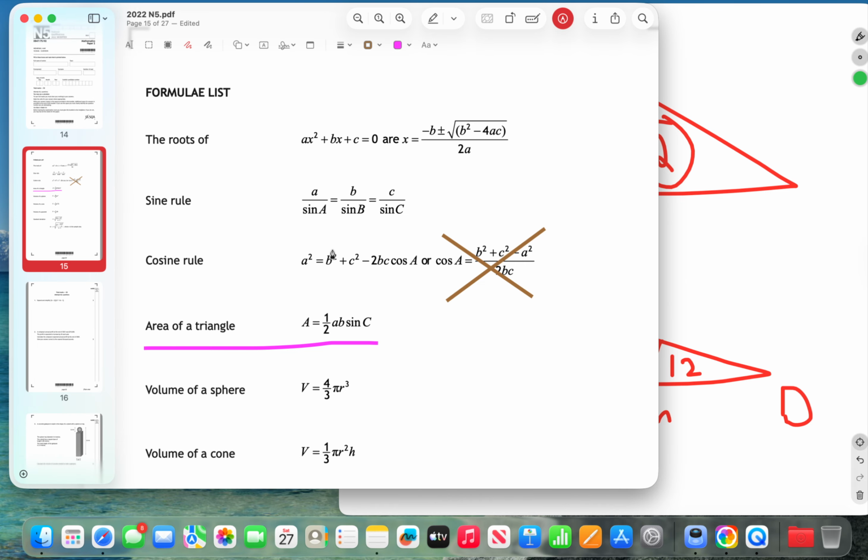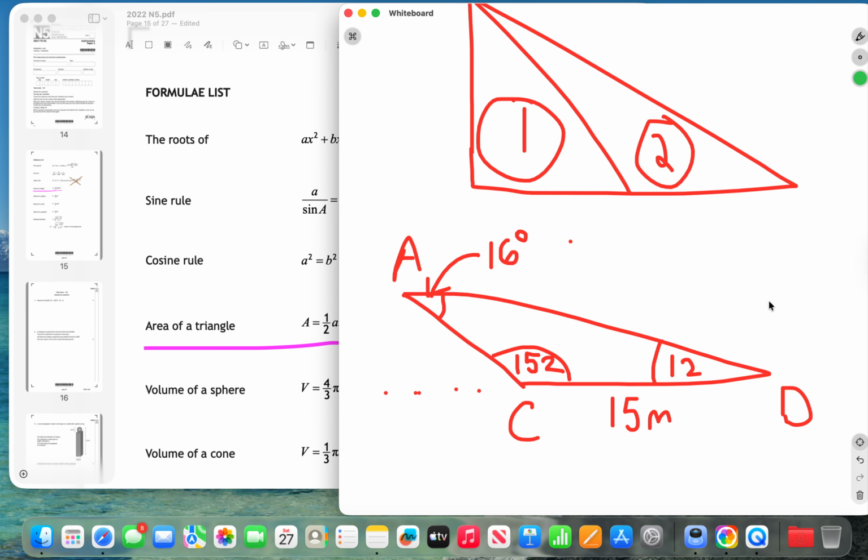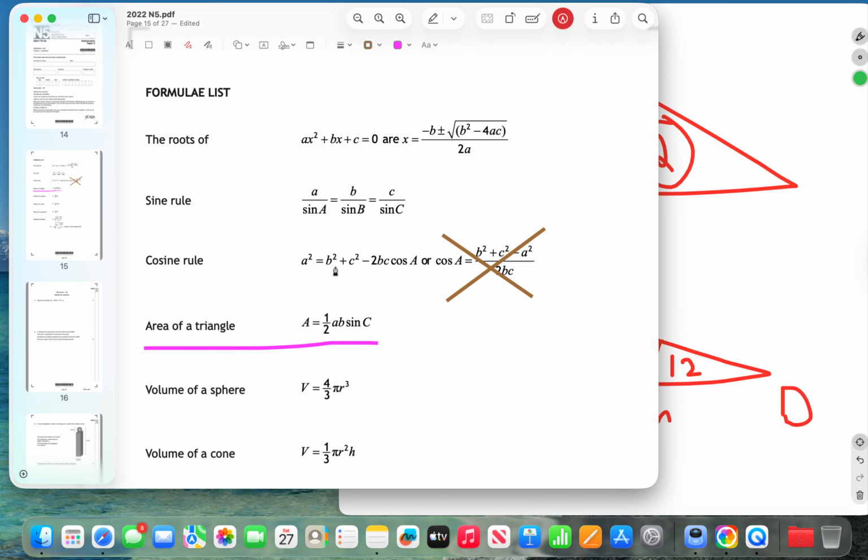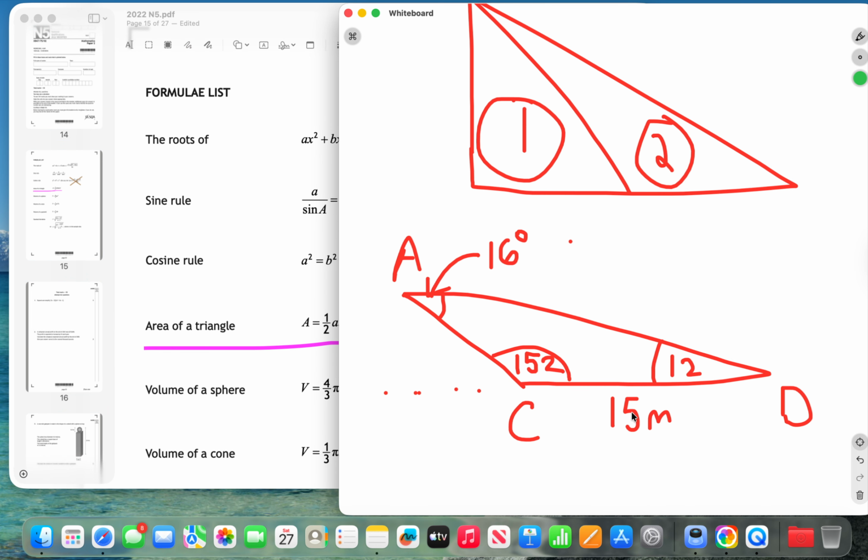And this one, you need to know two sides in order to be able to substitute the two sides in, but we only know one and want to find the second, so we can't use the cosine rule. But we can use the sine rule, because we have this and we want to know this.